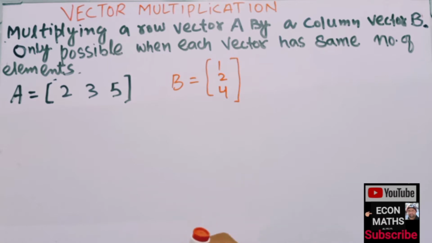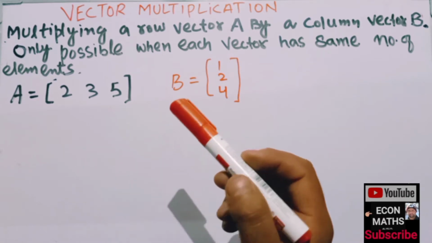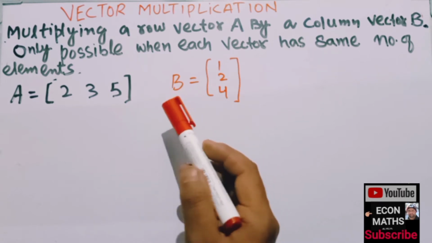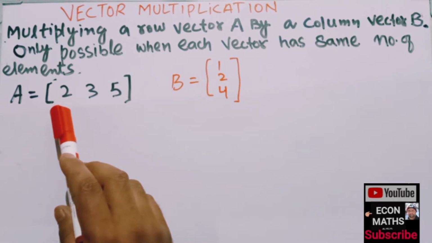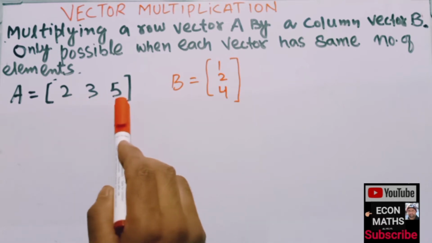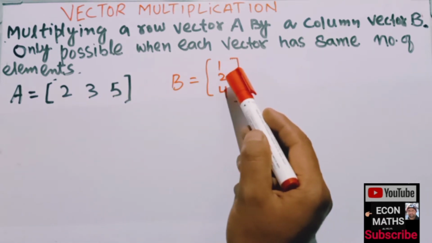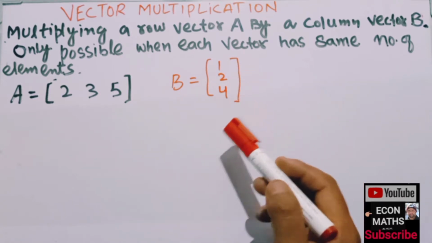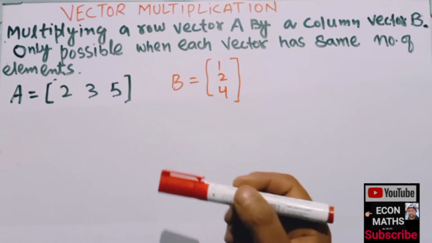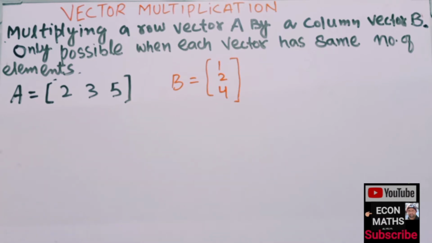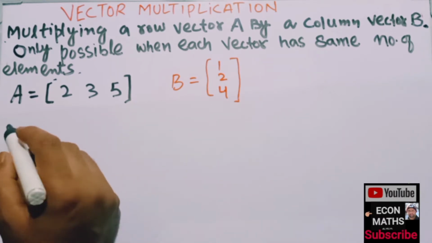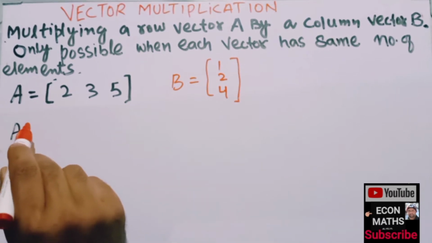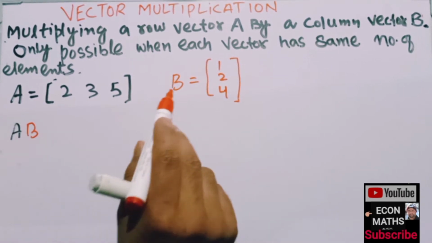Now the product is found by multiplying the individual elements of the row vector by their corresponding elements in the column vector, and then summing the products. That is, if I have to multiply these two, I will write A B, which means I am multiplying these two.